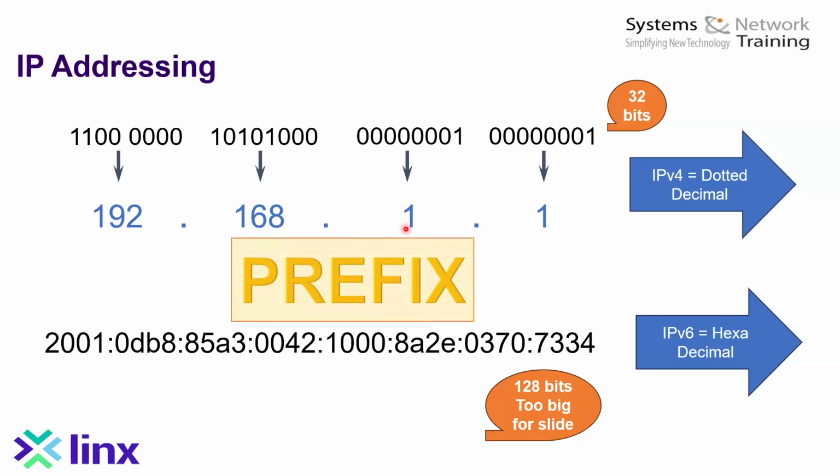So for version 4 addresses and version 6 addresses, there is a part of that address which is the prefix. This is the part of the address that tells everyone, including routers, what IP network those addresses belong to. So groups of devices can belong to the same IP network.